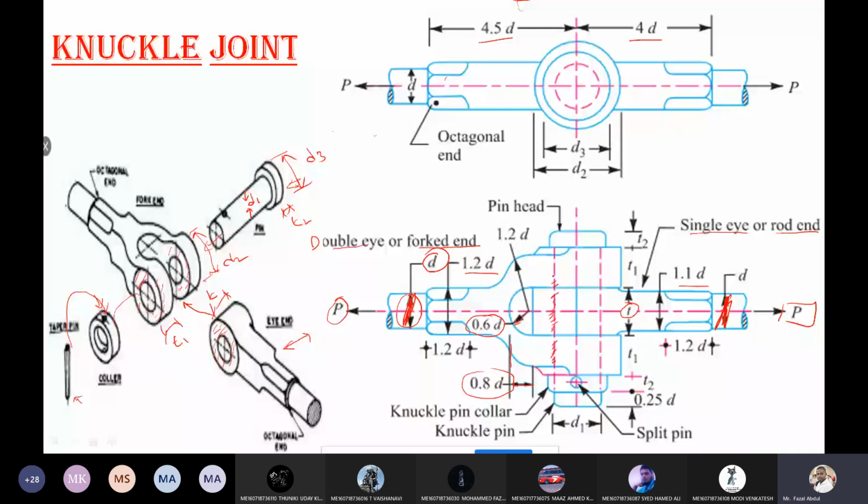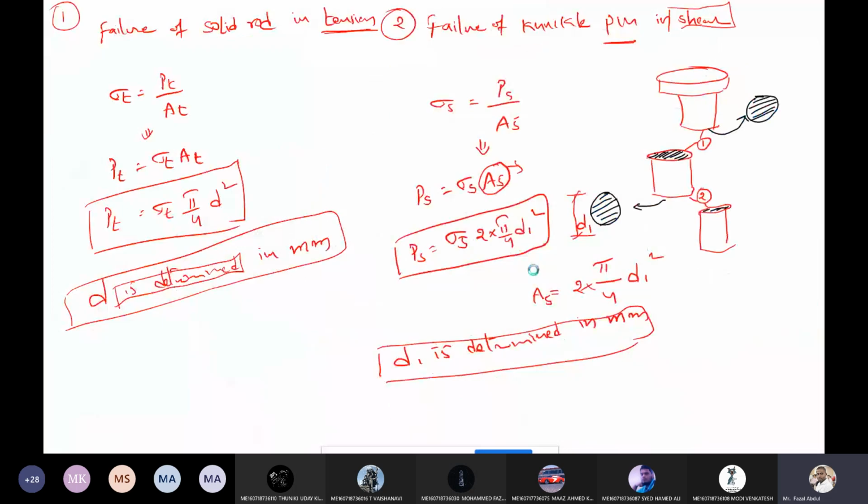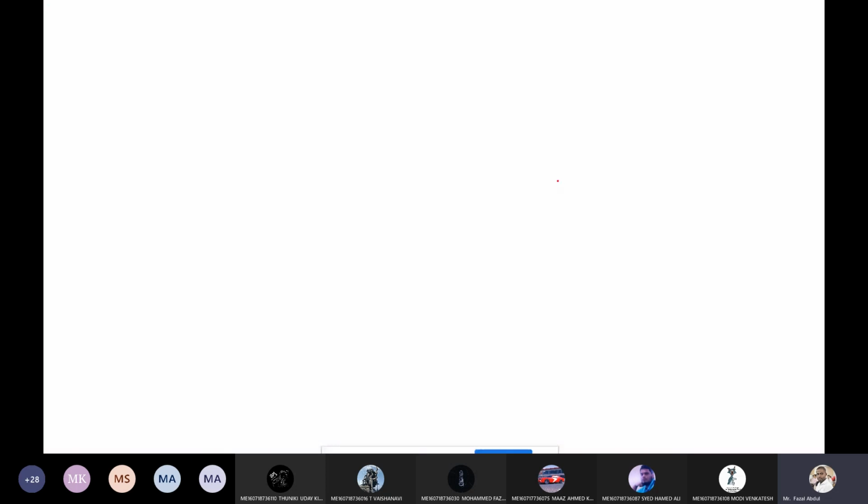Based on this assumption the D1 value is calculated, but in actual practice there is some clearance. Because of that clearance, there is looseness in the joint. Because of that, the pin is going to be subjected to bending. So how it appears, I'm drawing, see here.